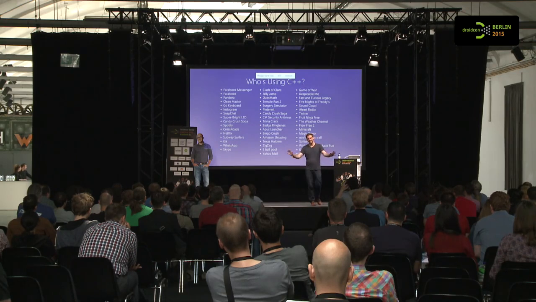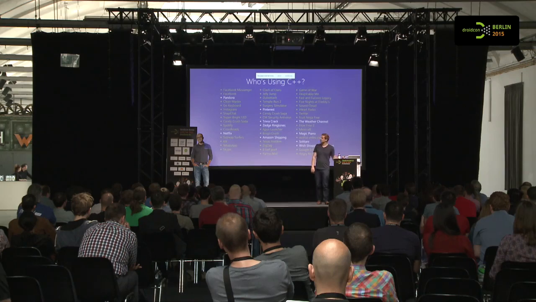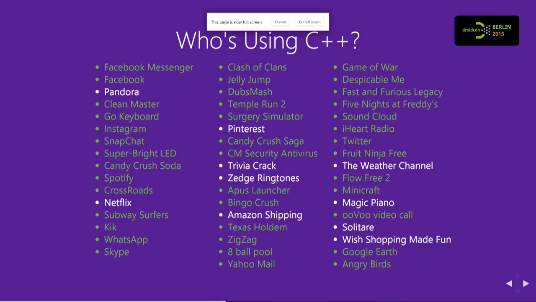Somebody give me a number, like anything. Absolute silence. All the white ones are the ones that are not built in C++. C++ is the language to go to. If you want to build a really great application and you want to go with whatever the major people are doing, C++ is the way to go.